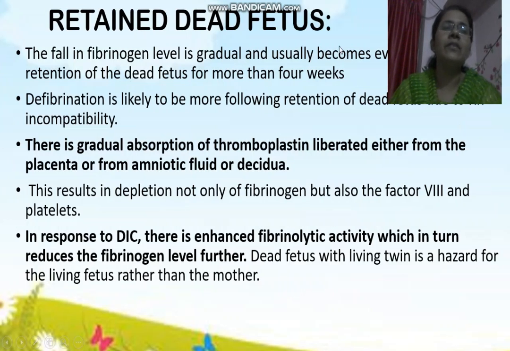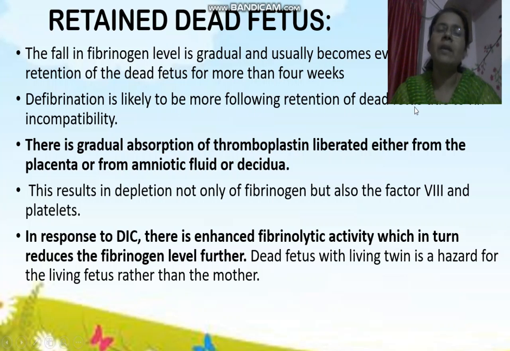Next is retained dead fetus. That is, the fetus is dead and retained in the uterus. The fall in fibrinogen level is gradual and usually becomes evident following retention of the dead fetus for more than 4 weeks. Defibrination is likely to be more following retention of the dead fetus.